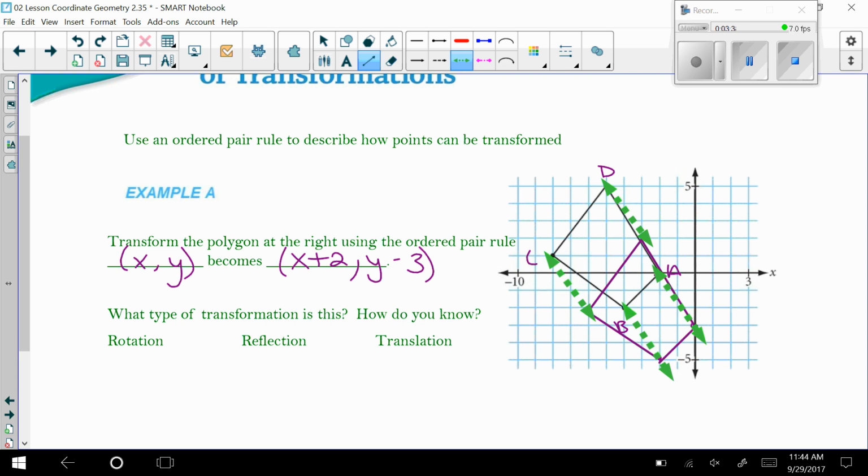They're all exactly the same length. So this image is a translation. So the shape of the polygon is the same, the orientation is the same, the size is the same, but it's just shifted down 3 units and over to the right 2.